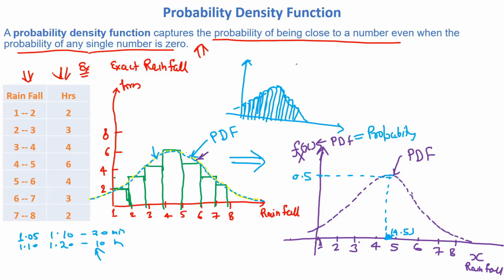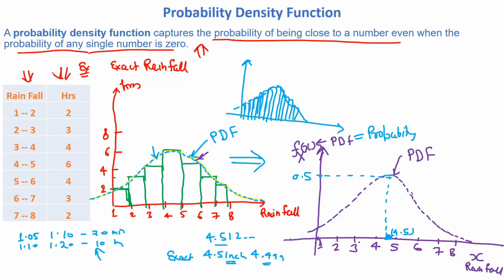Are you able to measure 4.5 inch rainfall? Can you measure that particular rainfall? I mean exactly 4.5 inch. Are you able to measure that? I think no. If you measure, you can get something like 4.512, or you can get something like 4.4999.